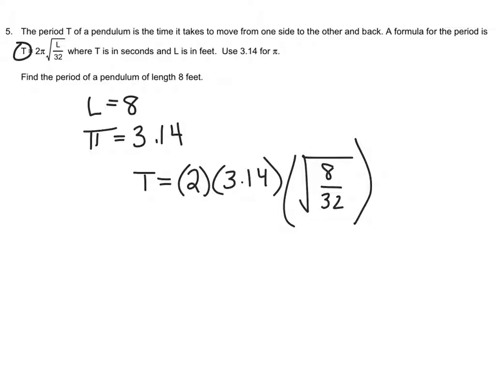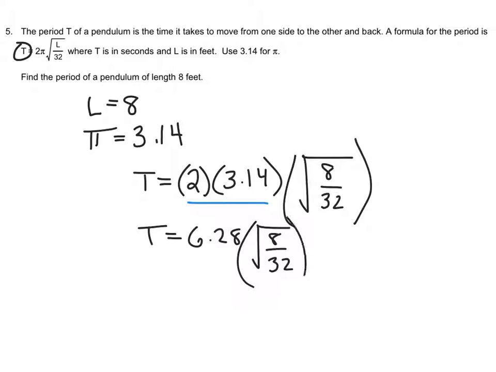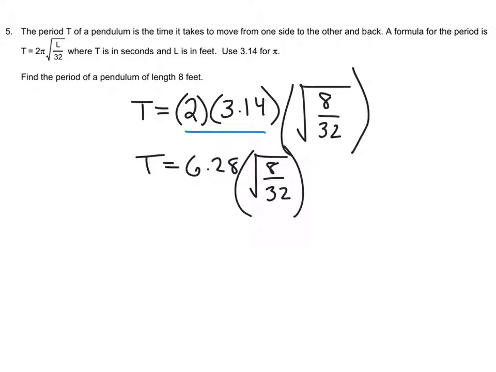The first step is to multiply 2 times 3.14. When we do that calculation, we get t equals 6.28 times the square root of 8 divided by 32. Next, we'll compute the square root of 8 divided by 32. In order to do this, you need to use your calculator.